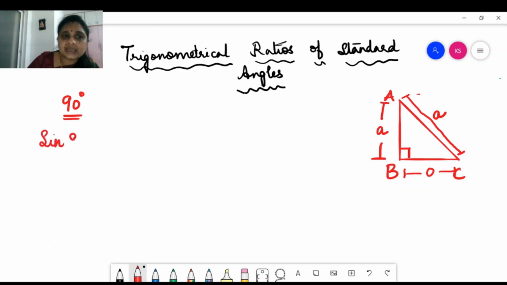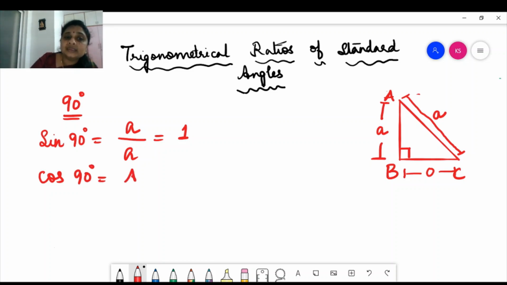So sine 90 is going to be perpendicular by the hypotenuse. Now the perpendicular is a and the hypotenuse is also a. So when I simplify it, I get 1. Similarly, cos 90 is going to be the adjacent divided by the hypotenuse. Now, the adjacent has got nullified, it has vanished.